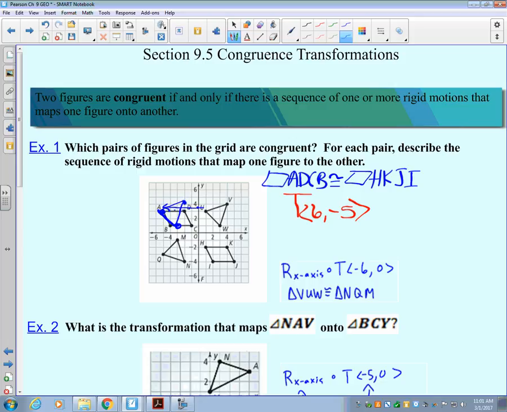And then we reflect it across the x-axis. When we reflect it, we get down here. This W becomes M, our V becomes N, and our U becomes Q. So it is a reflection across the x-axis. We translated 6 units to the left and reflected across the x-axis.